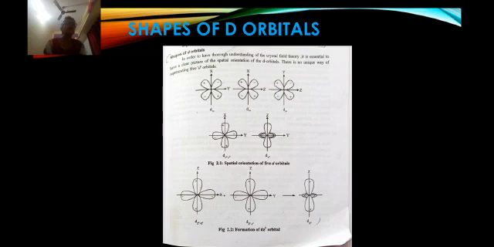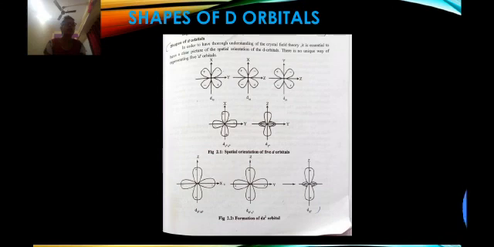The shape of the orbitals is very important. If we understand the shapes of d orbitals, we can understand and explain crystal field theory very effectively. What is the shape of the dxy orbital?